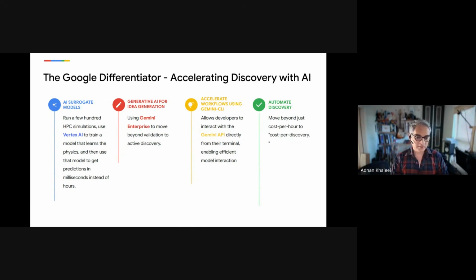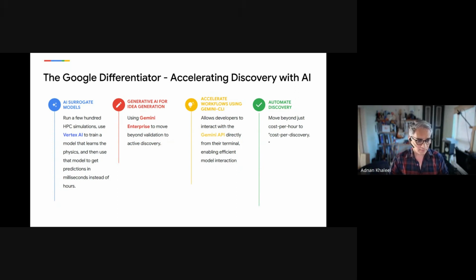So this wouldn't be a Google talk if we didn't have at least one mention of AI, and that's what this one slide is. The thought behind this is that even though we're all trying to do HPC workloads, there is an opportunity to use AI to make your entire computation that much more efficient, especially if you're doing it in phases, where you have a phase of HPC followed by some sort of AI training leading into the next phase, and so on.